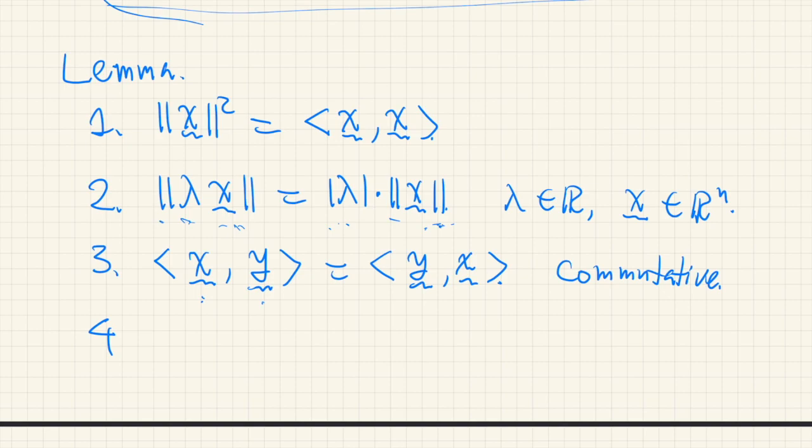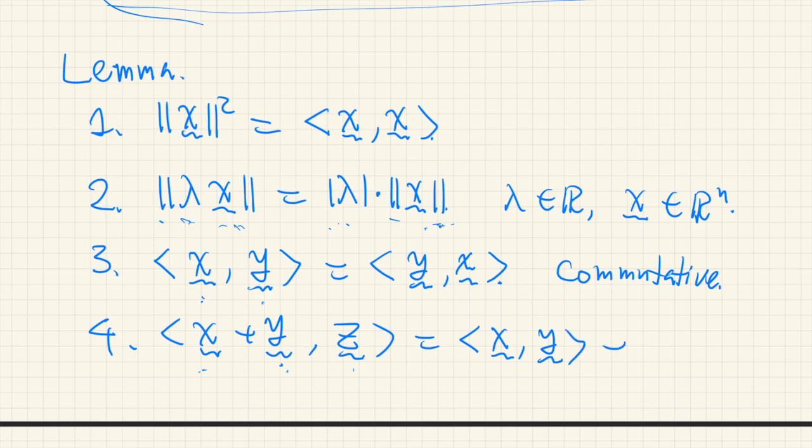And 4, so x, y, z, they are vectors. So x plus y is a vector, and z is another vector. So if we take the scalar product between x plus y and z, then we have the sum of scalar products, x times z and y times z.